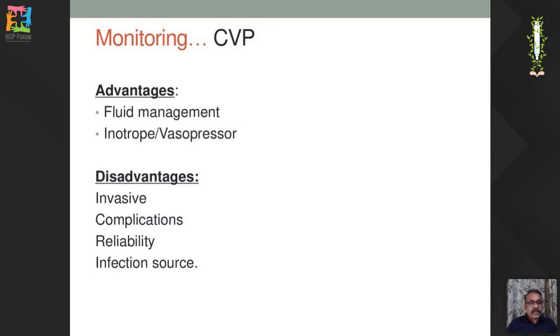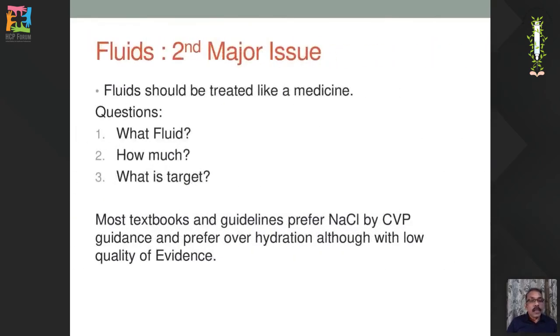The advantage is that you can still use the CVP for fluid management and vasopressors, but the disadvantage is that it is definitely more invasive. There is a good chance of complications, like arterial punctures and hematoma. Obviously, with ultrasound guidance, it is much safer now. Reliability is the question, and it is definitely an infection source compared to the arterial line.